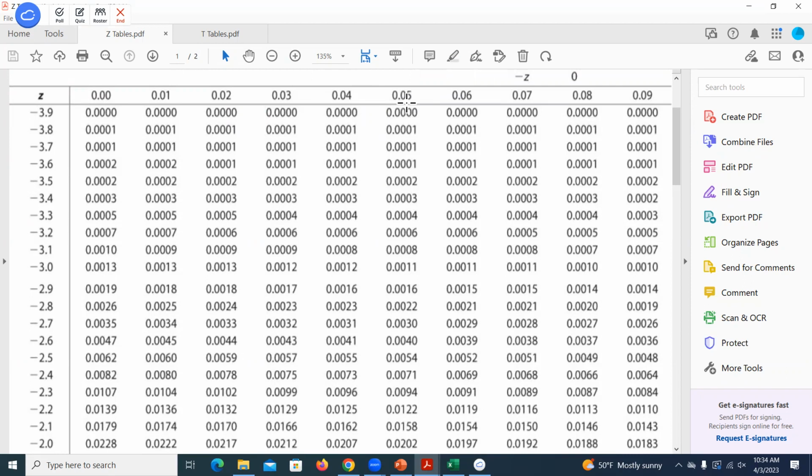Well, if there's 0.05 to the left of negative 1.65, that would mean that there's 0.05 to the right of positive 1.65. So for a right tail test, our critical values will always be on the right side of the distribution. In order for us to reject this null, we have to find evidence on the right side of the distribution.